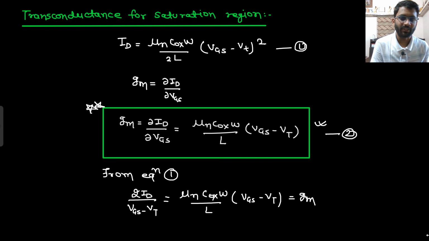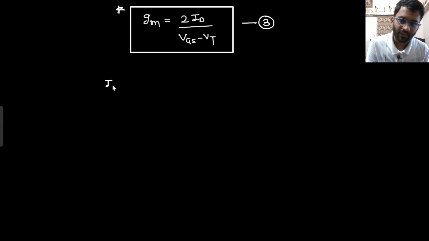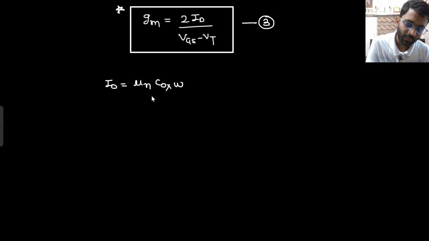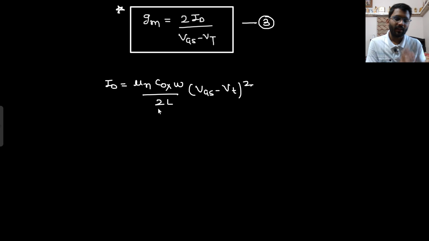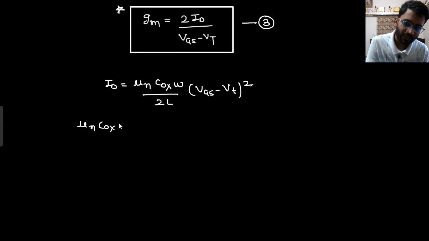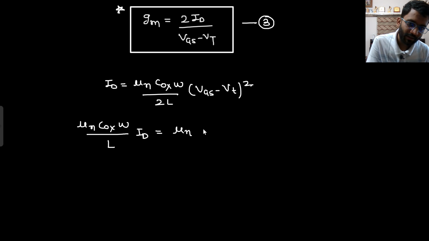Again, let's write down the expression of ID. ID expression is mu n Cox W by 2L VGS minus VT whole square. I will multiply mu n Cox W by L on both sides. Mu n Cox W by L on both sides I am applying. Into ID, here also I will apply mu n Cox W by L. It will be the whole square, right?